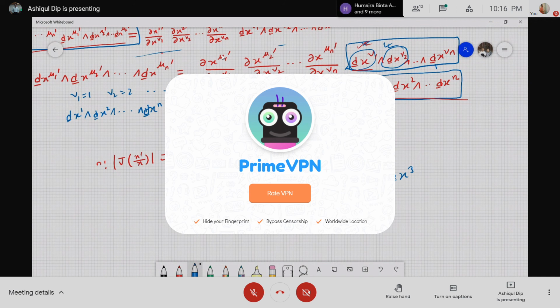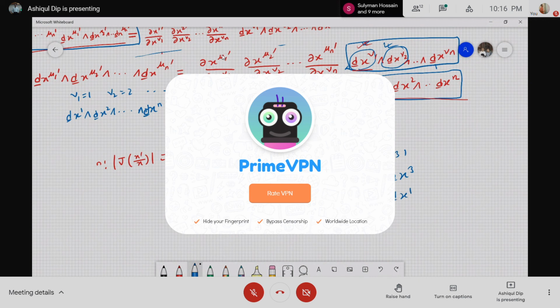Then you could have mu nu lambda equal to 231. That's another combination. So it's basically dx2 with dx3 with dx1, right?